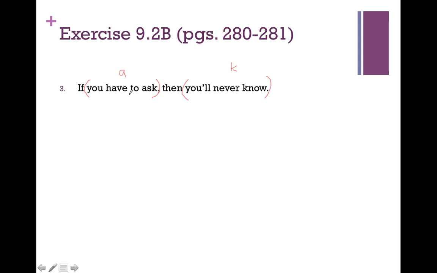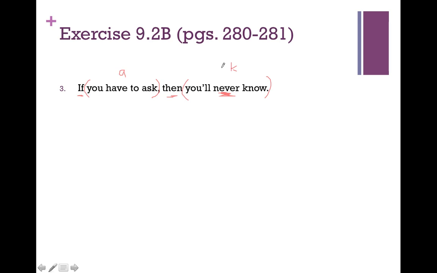Now notice we have in this two connectives. We have if-then, and notice we have another one, a negative, a never. Remember we're trying to break these propositions down to their atomic components, and an atomic proposition is one that has no connectives. We had two connectives, one of those was negation.